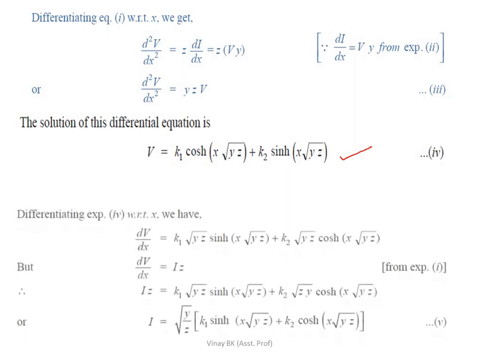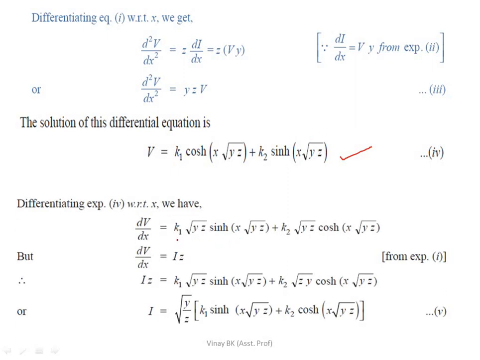We get dV/dx equals k1, which is constant, and the differentiation of cosh x is sinh x, so the differentiation of cosh x root YZ is square root of Y into Z sinh x root YZ, plus k2 is constant, sinh x becomes cosh x, so root YZ into cosh x root YZ.